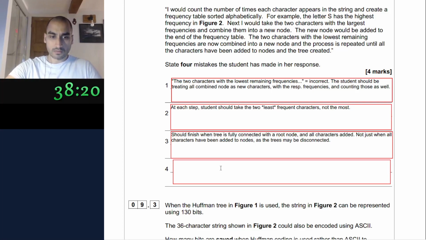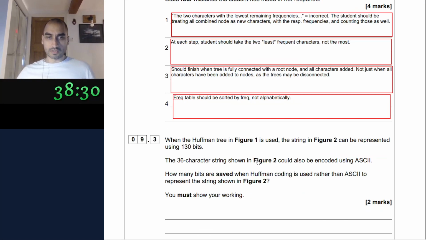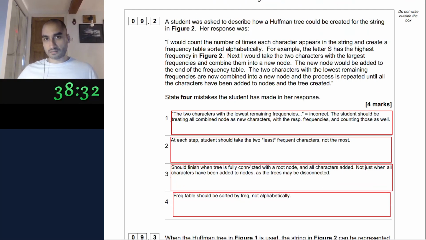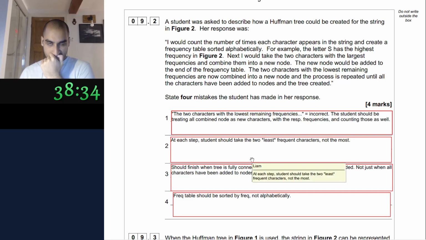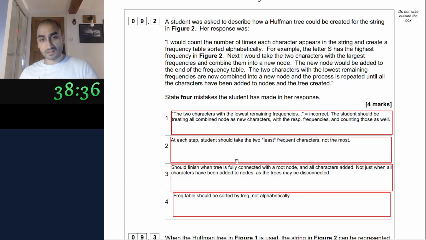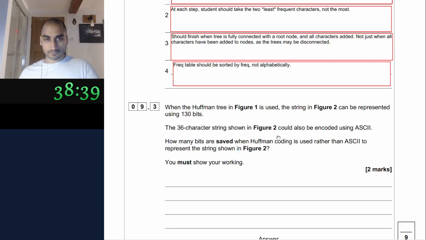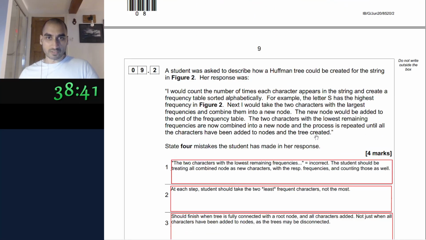So the frequency table should be sorted by frequency, not alphabetically. All right. But then again, that's fine. I am going to lose marks there.